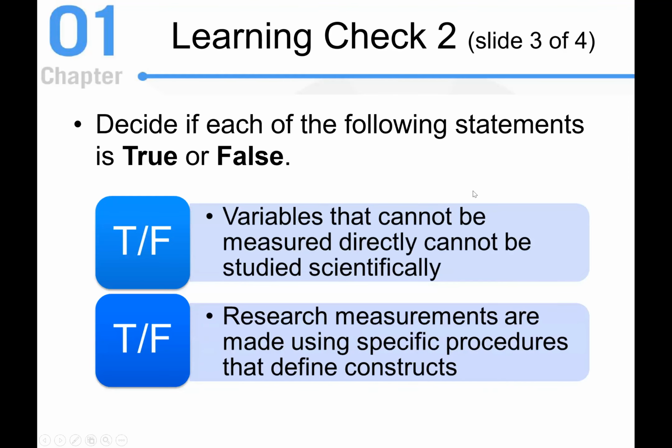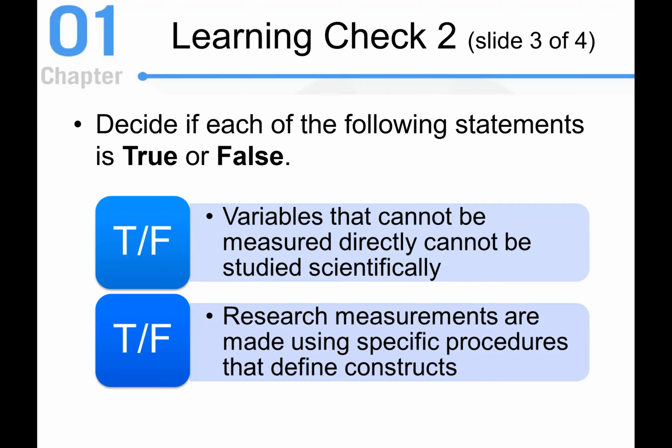All right. So the next question, decide if each of the following statements are true or false. Variables that cannot be measured directly cannot be studied scientifically, right? Well, that's false, because we talked about constructs and hypothetical constructs and operational definitions.